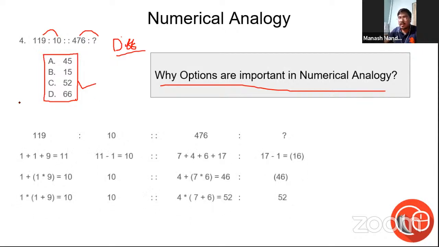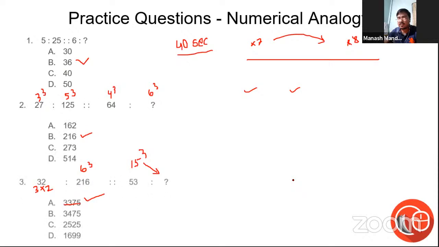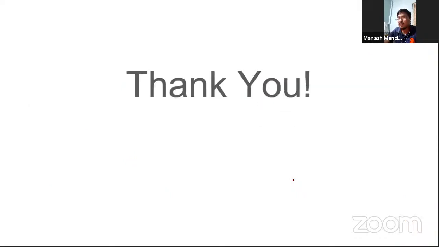There can be three probable answers, but the one present in the options will be the correct one. We practiced certain questions. That was today's class.